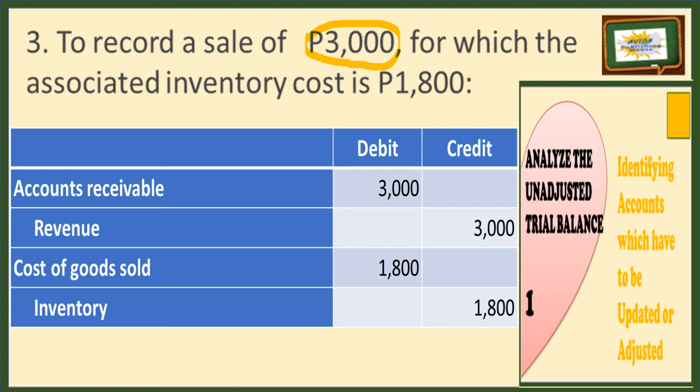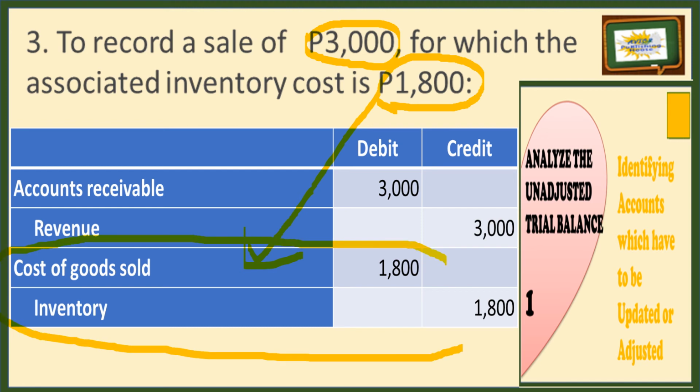So in perpetual inventory, you have to determine the cost of the merchandise sold, so you can have a proper entry for the cost of goods sold during the sales transaction. So debit to cost of goods sold for the cost of the sales and then credit to inventory. This corollary entry is not present in the periodic system of recording inventory.